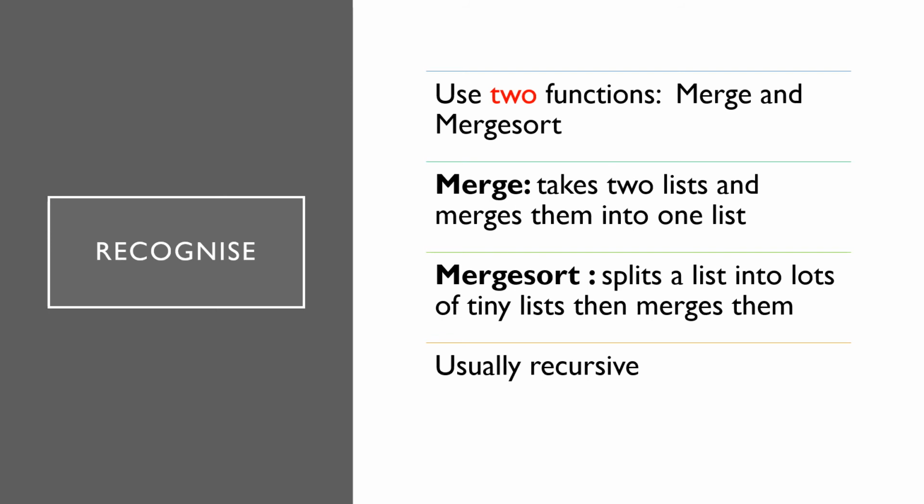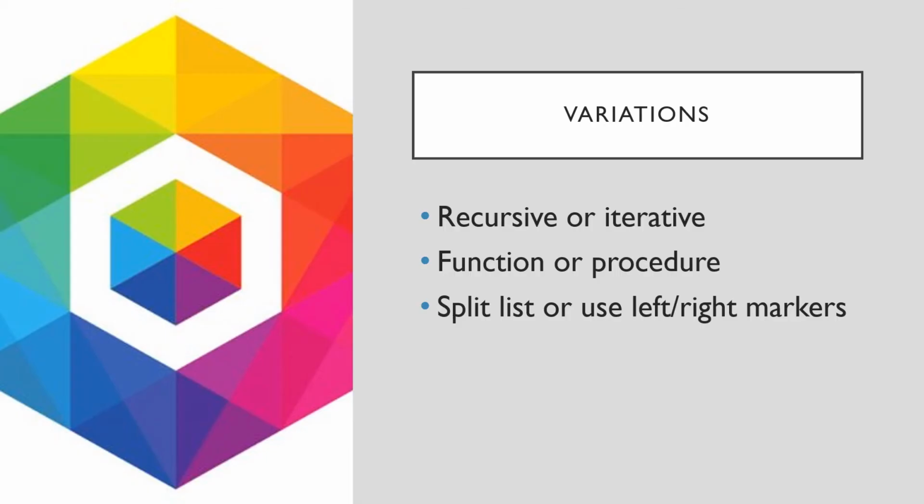It's often written using a recursive algorithm. So like with a lot of the programs that we've been looking at over the weeks, we can write it using recursion or iteration. They're both fine ways of writing this program. We can write it as a function that returns a new list, or as a procedure that sorts the original list.